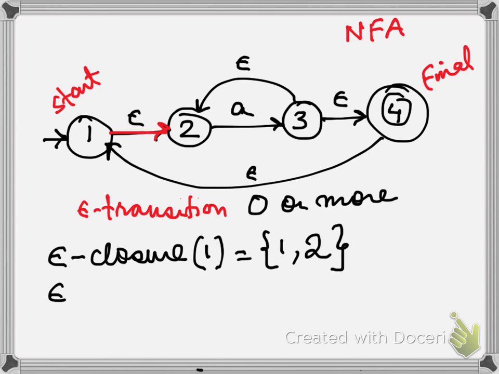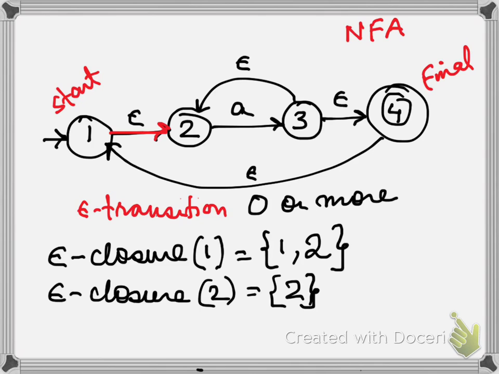Similarly, we can find the epsilon closure of state 2. By default 2 will be included. Then we see whether from 2 there is any arrow pointing to another state labeled with epsilon. From 2 we don't have any such transition, so the epsilon closure of 2 is 2 itself.